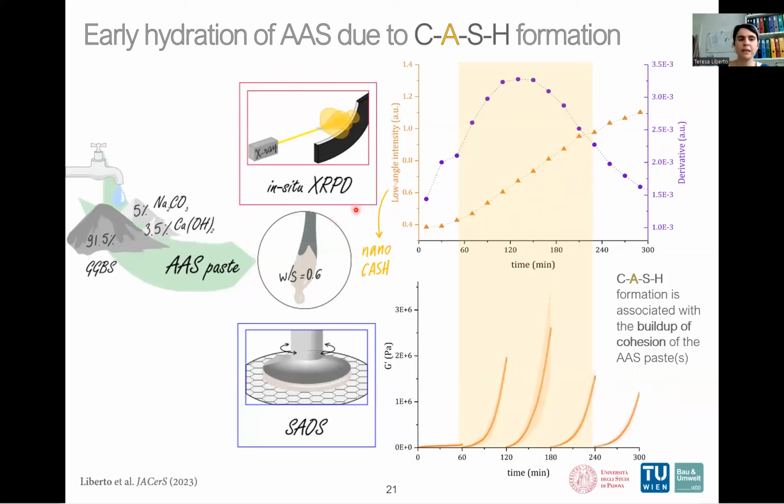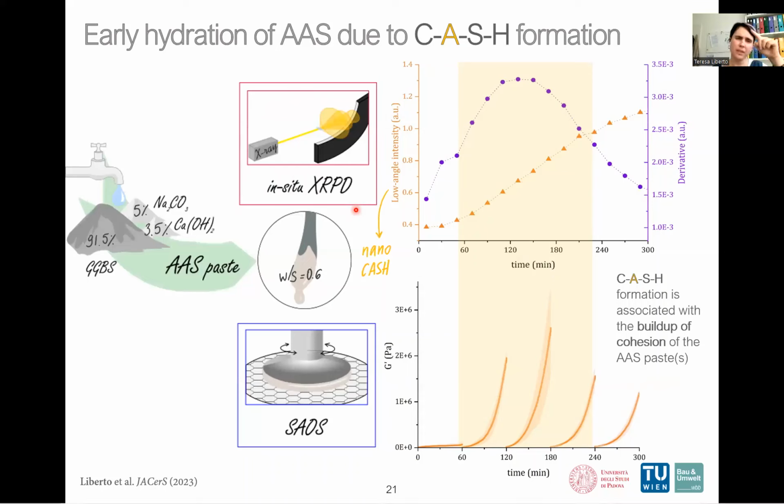Probably you are familiar with the XRPD spectrum, so a lot of peaks which correspond to the crystalline phases of your material. In our case, the nano CASH at the very beginning is not so crystalline, because we have nanocrystalline discs, but how they stack is not so ordered. So we can see something at low angle intensity.